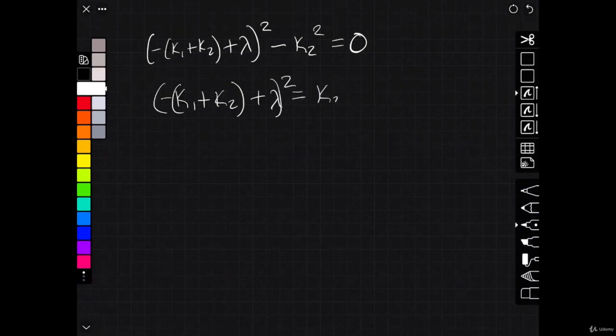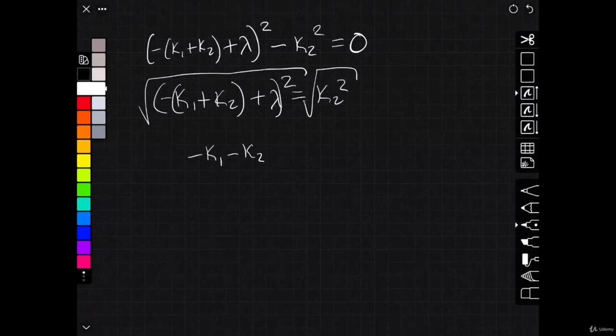Take the roots of both sides, and we get minus k1 minus k2 plus lambda is equal to plus or minus k2, because we are taking the square root of k2 squared, so it can be negative or positive, it doesn't matter. We have to note that this can be positive or negative. So that's important.